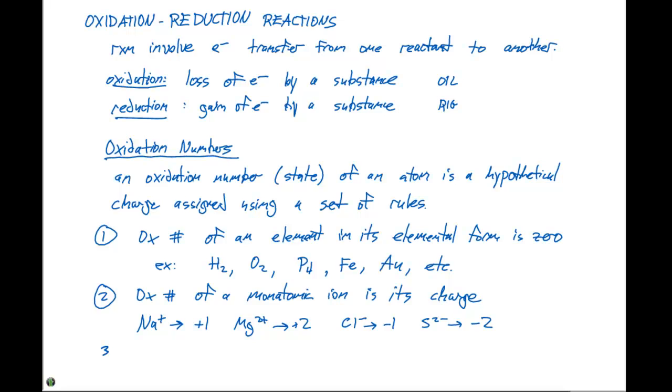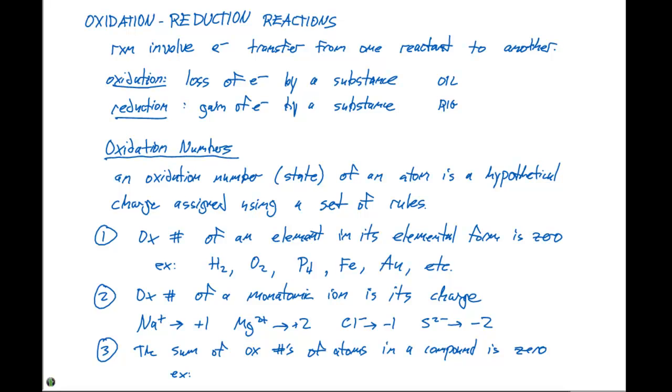The next rule is going to look at if we have a bunch of elements together in a compound. So rule number 3 is the sum of oxidation numbers of atoms in a compound is 0. So when the compound is formed, we have a sum of all of these oxidation numbers equaling 0.